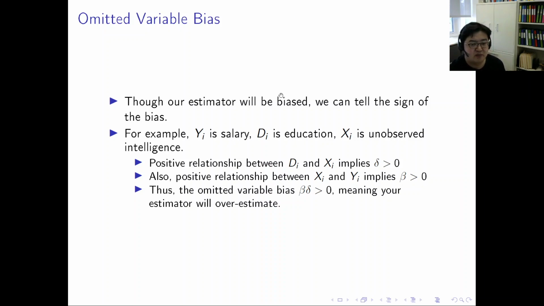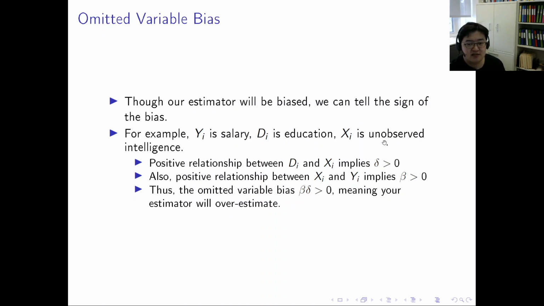So here is an example. The outcome is salary or income or wage, and D is education. Suppose that X is intelligence, but it is unobserved. Your wage depends on your education and your intelligence, but you do not observe the intelligence.